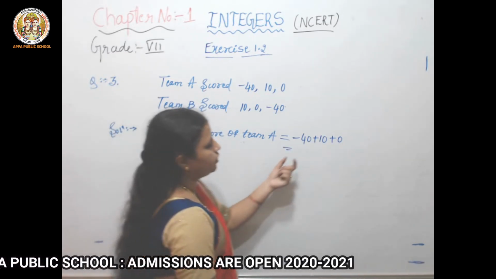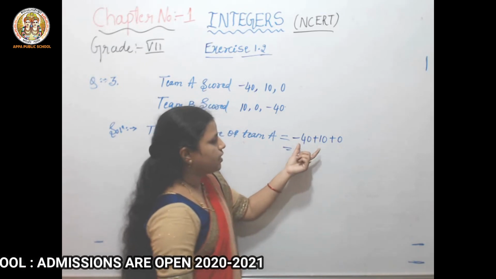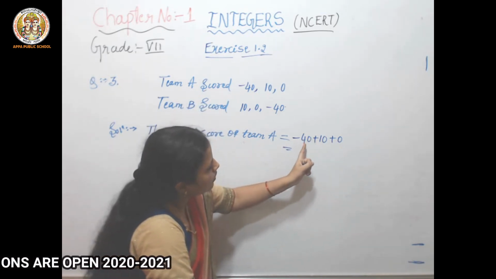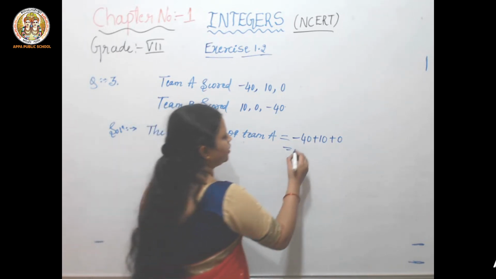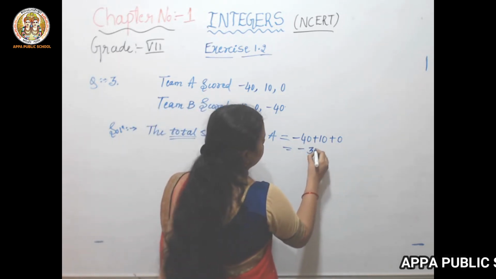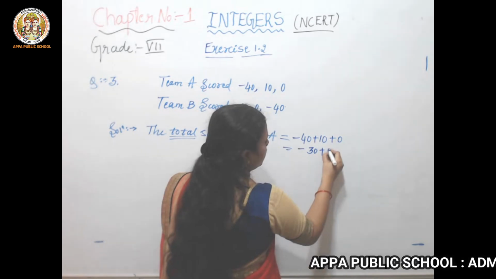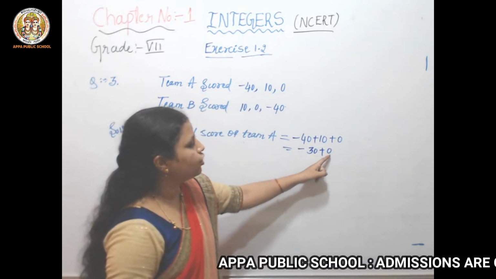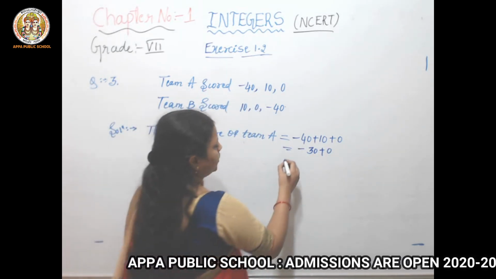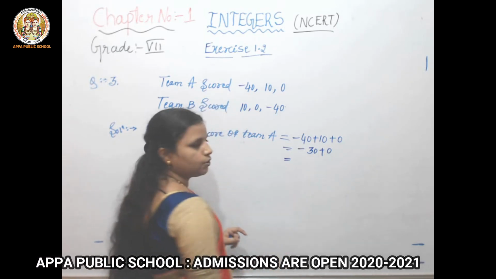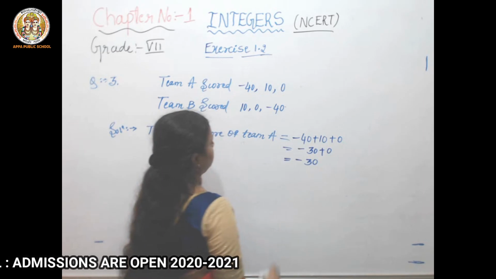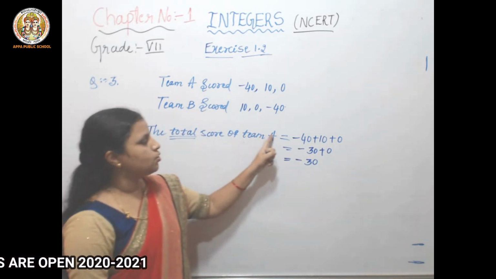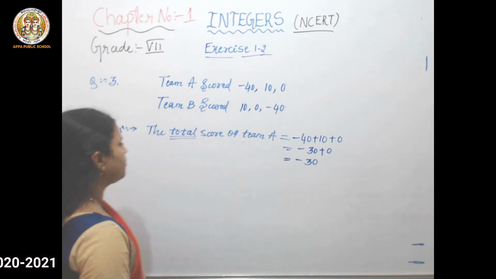We will do the usual subtraction, 40 minus 10, and the bigger number is with the negative sign, so the result is also negative. So it is minus 30, and this plus 0 stays as it is. When we add 0 to any integer, we get the same integer. That's why 0 is called the additive identity. Now it is minus 30. So the total score of Team A is minus 30.